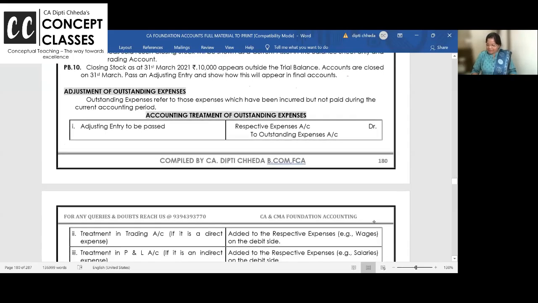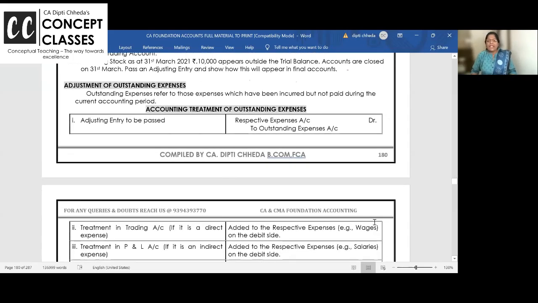Outstanding expense. You know what is outstanding expense? It's a liability. I told you. Salary to bank, I did 11 months. 12th month salary to bank I didn't do. I paid 12th month salary in April. But I have to book the expense, no? Accrual or matching rule. So salary account debit to outstanding salary, right?